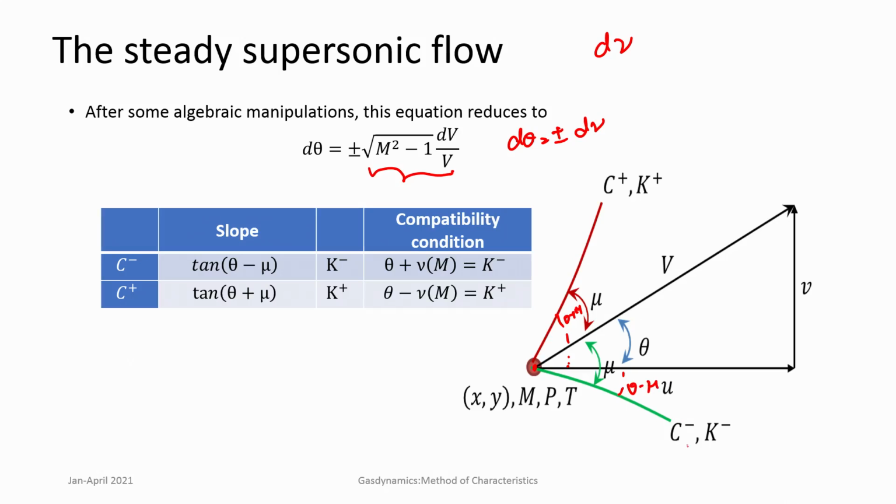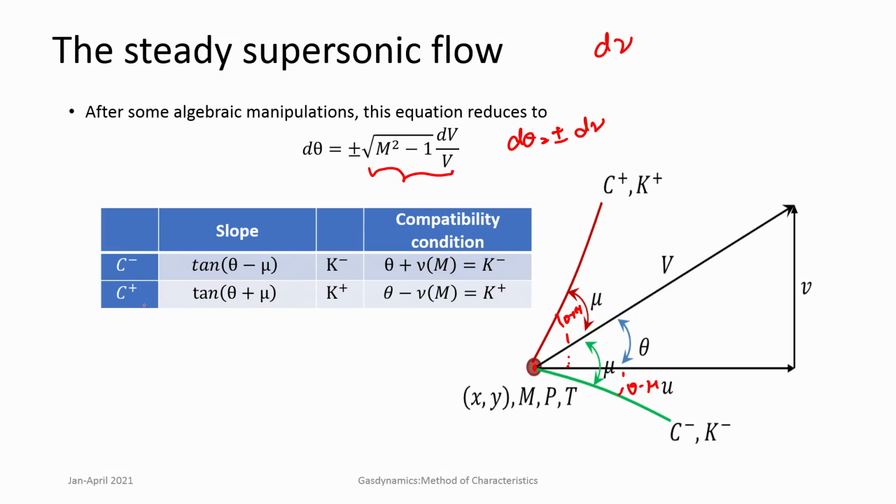So, this is the C minus characteristic, which is colored in green, and the one that is colored in red is the C plus characteristic. Along the C minus characteristic, the compatibility condition is given by K minus. The K minus is theta plus nu, where nu is the Prandtl-Meyer function at that Mach number.